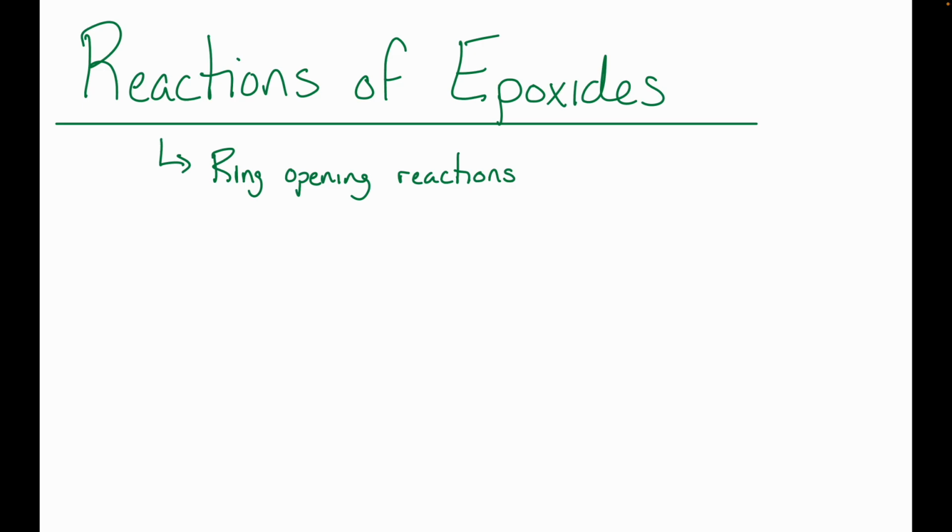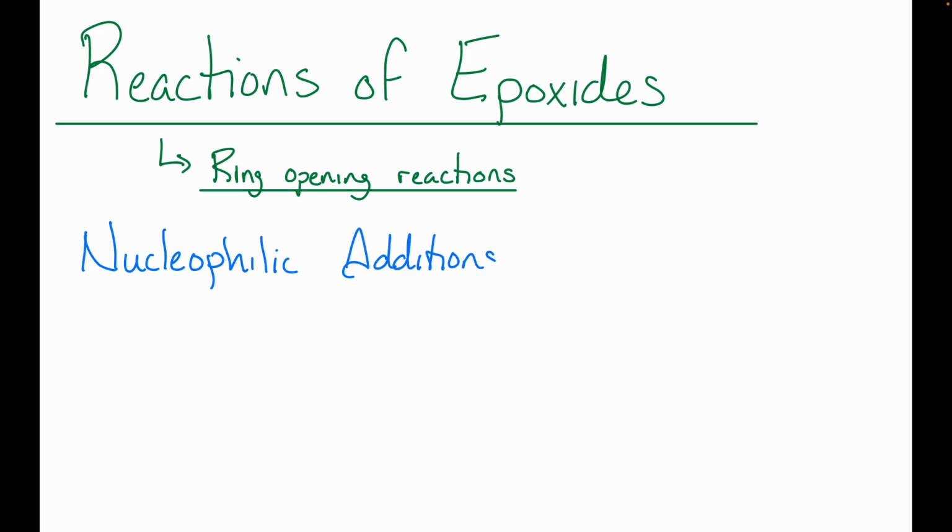All right, so that's a little helpful phrase to keep in mind as to what we're going to expect to see. These are all technically nucleophilic addition reactions. We're going to take our epoxide, and we're going to react it with some nucleophile. We're just going to kind of leave this as generic nucleophile for right now.